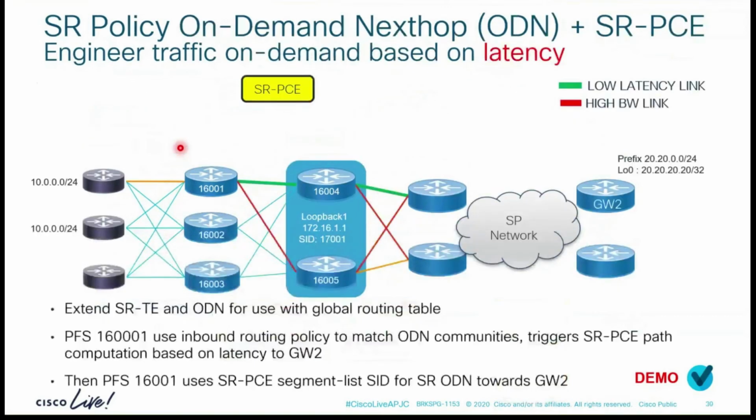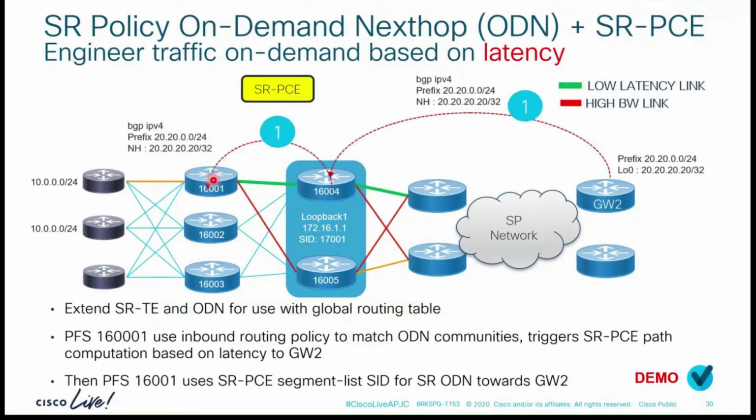And also for the incoming traffic engineering, here we can leverage the on-demand next hop plus the SR-PCE path computation element to steer the traffic based on the lowest latency.